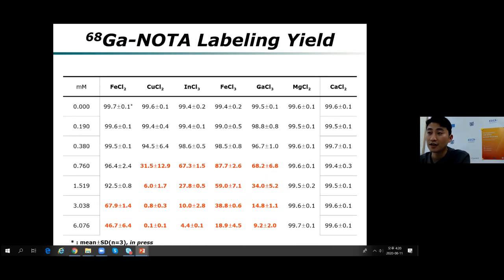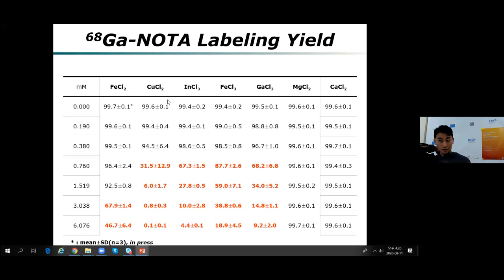Normally we use gallium with a chelator, NOTA. This chart shows that NOTA is a good chelator for gallium, and that other kinds of metal can also use NOTA as a chelating agent.